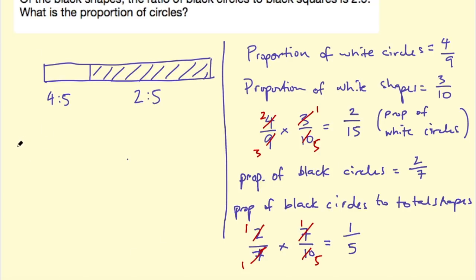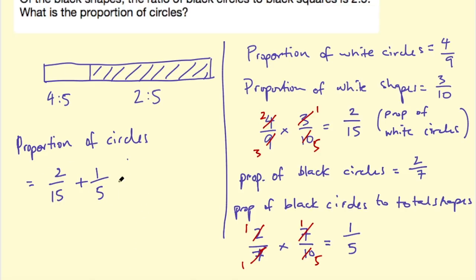So the proportion of circles, I just need to add those together. Proportion of circles equals 2 over 15 plus 1/5, because these are fractions of the total shapes in the bag, not out of their individual colors.